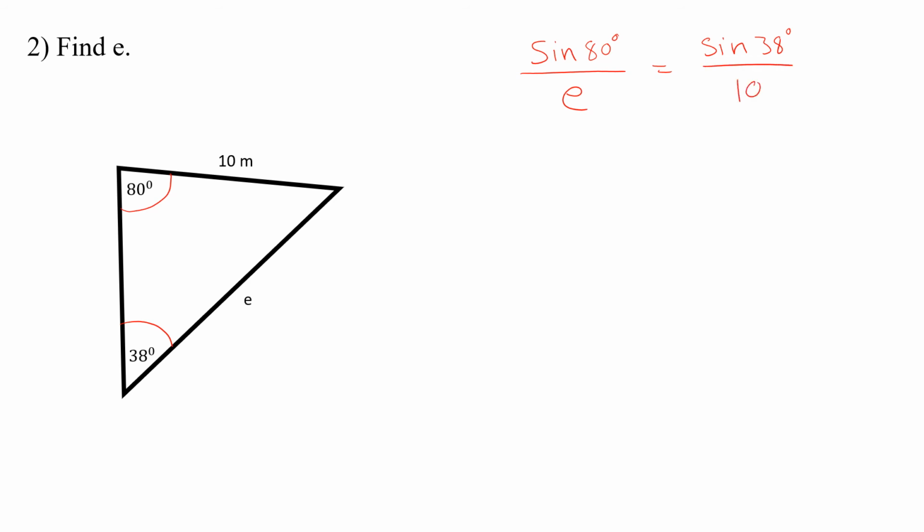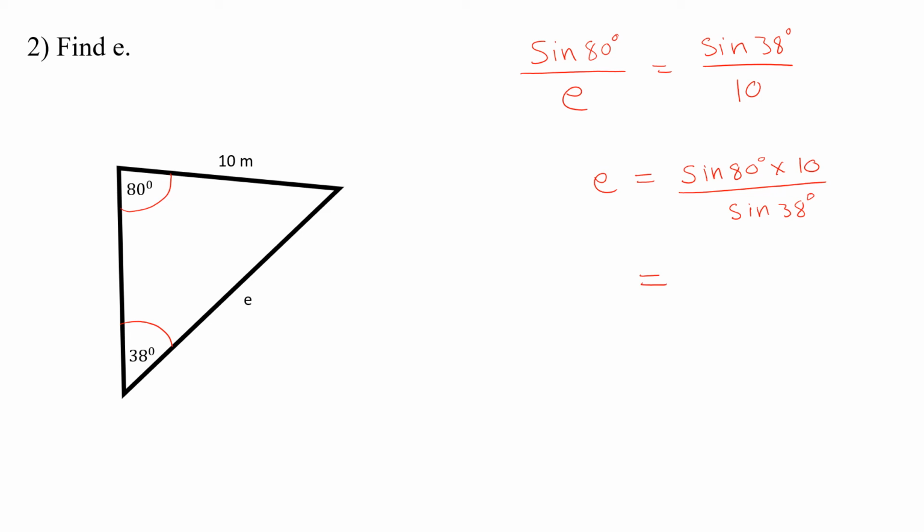And again, when I do my cross-multiplication here and make E the subject of the formula, I should end up with something like E is equal to sine 80 multiplied by 10, all divided by sine 38. This is what we should get when we make E the subject of the formula.